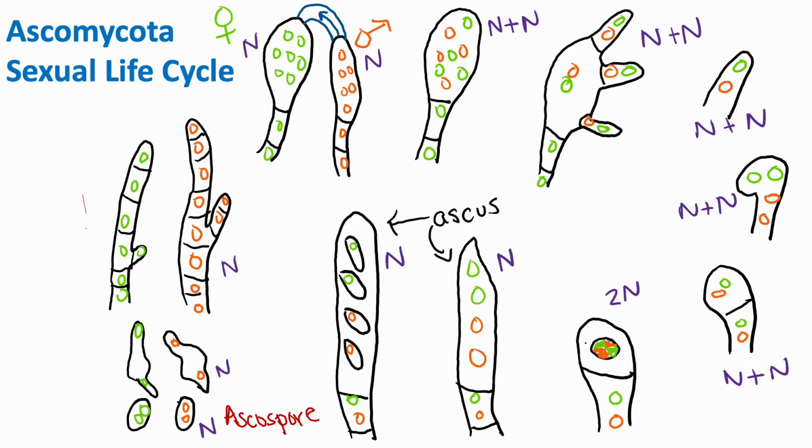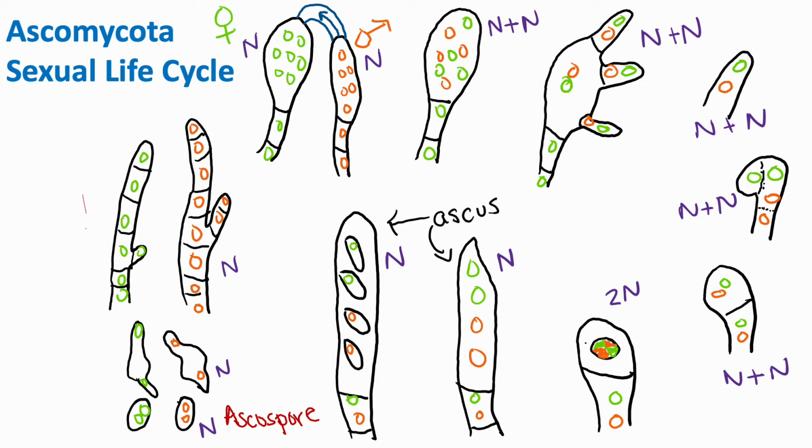So when mitosis occurred right over here and we got these 2 sister green nuclei, at the metaphase plate we have remnants of those microfibrils, microtubules, etc. And at that metaphase plate, we will see septation occur. Same for the orange ones. We see this septation occur here too.